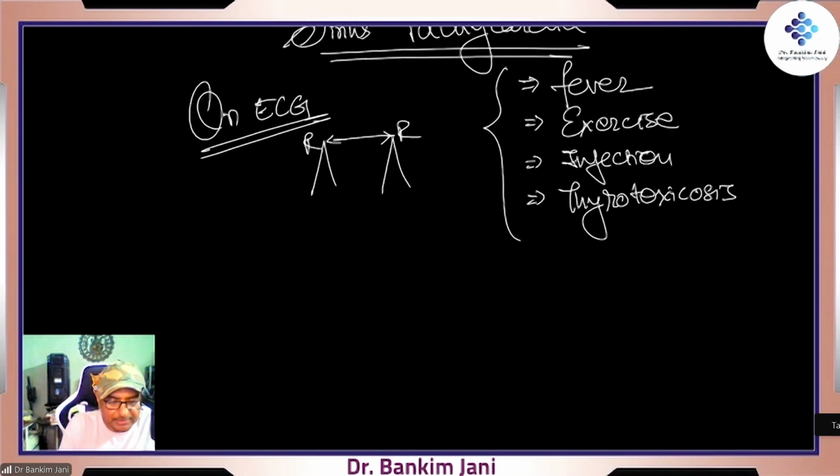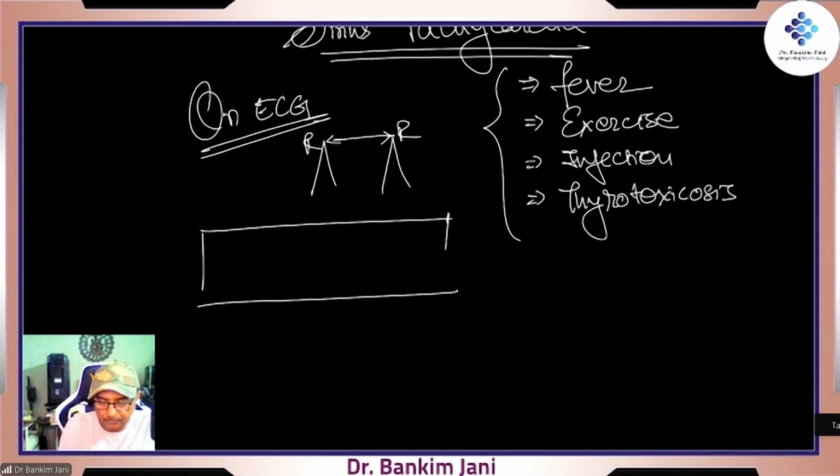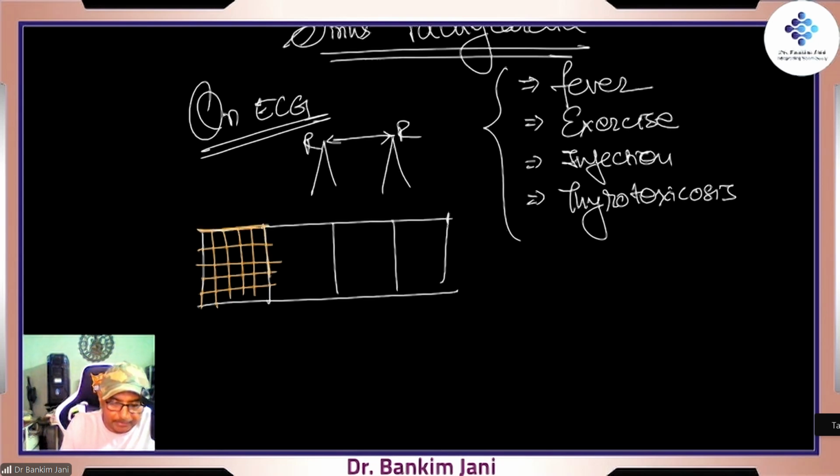The entire ECG paper is in the form of big squares, and in between there are small squares. This is what is called the big square, and inside there are all those small squares.